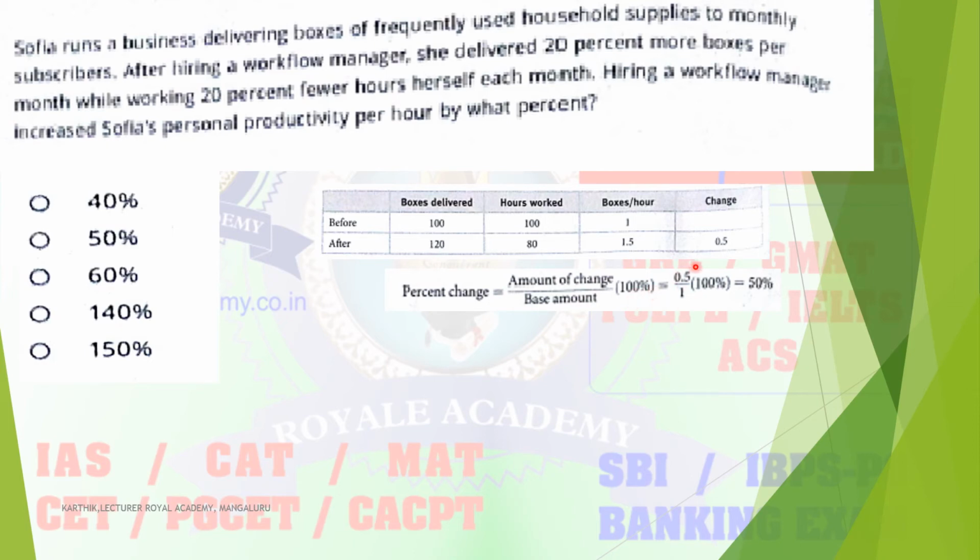So the amount of change is 0.5 divided by the base amount 1 into 100. In case you want to convert that fraction into percentage, you have to multiply by 100, then you will get the percentage. So which option is correct? Option B is correct.